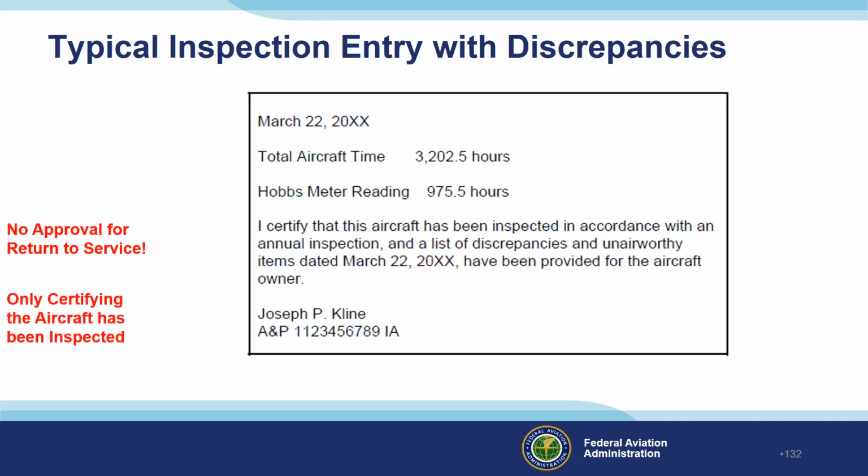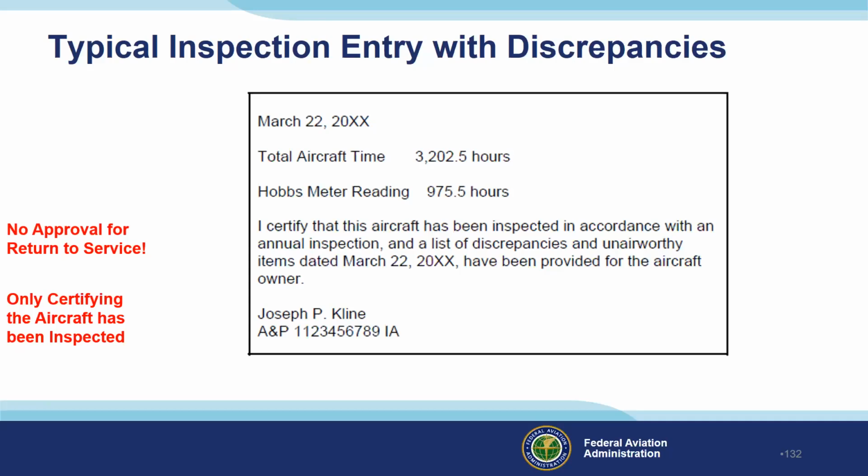Here's a log entry. Notice that there is no certification statement saying that it's approved for return to service. It's just certifying that it has been inspected, and the list of discrepancies and unairworthy items have been provided to the owner.